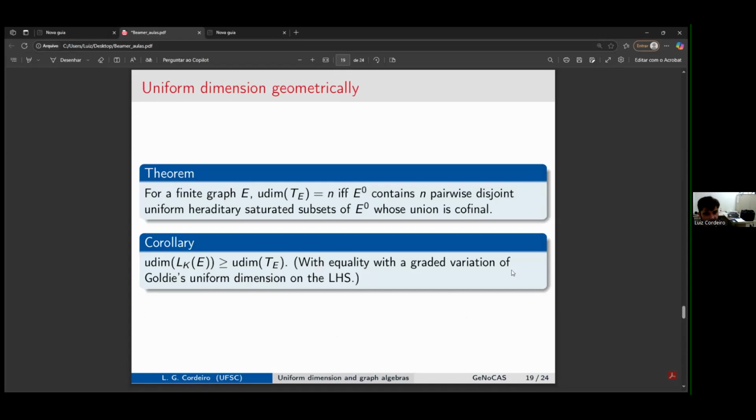So you said this is almost always an inequality, but you still do not know a concrete counterexample. I don't have an example where it's a proper inequality. But if we do the modifications on the notion of uniform dimension, then it's not hard to prove that we do get an equality.